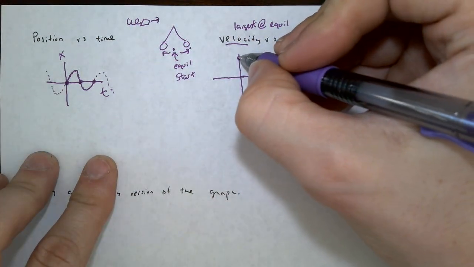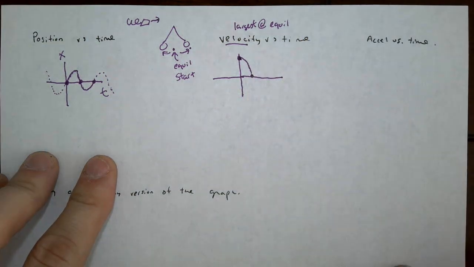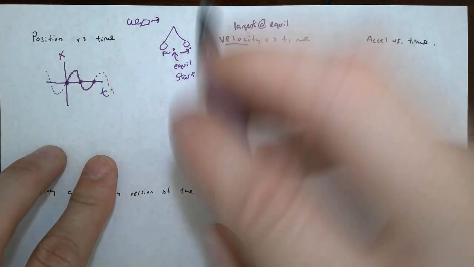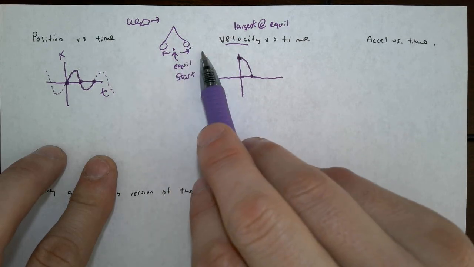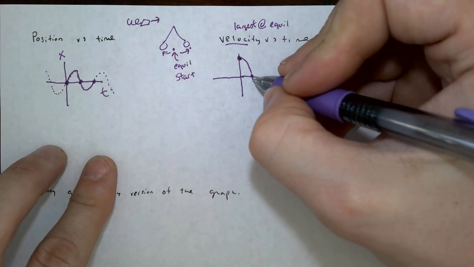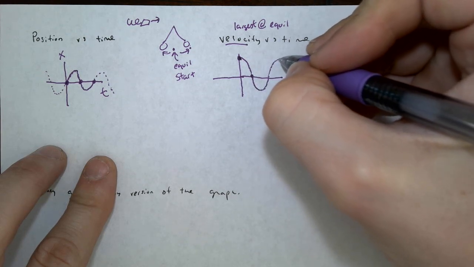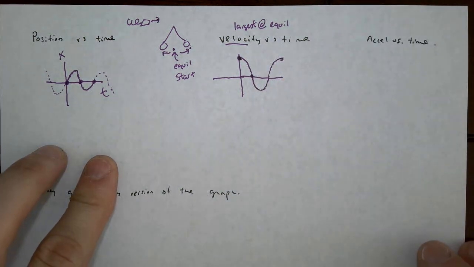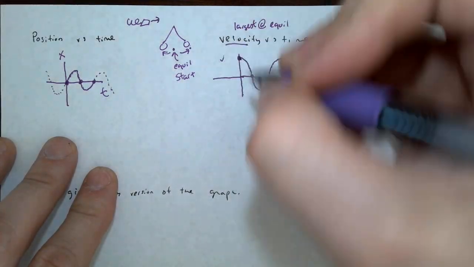So it is going to slow down and it's going to get to 0 at some point. Now at this moment, when we have 0 velocity, it is switching from moving to the right to the left, so it will be negative velocity, and then it will loop up and back around, and it will end up being a cosine graph.